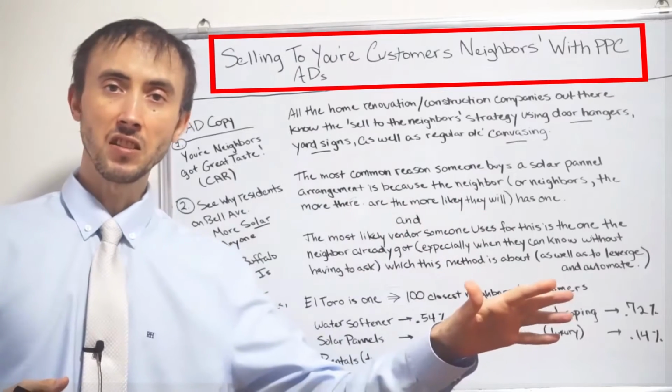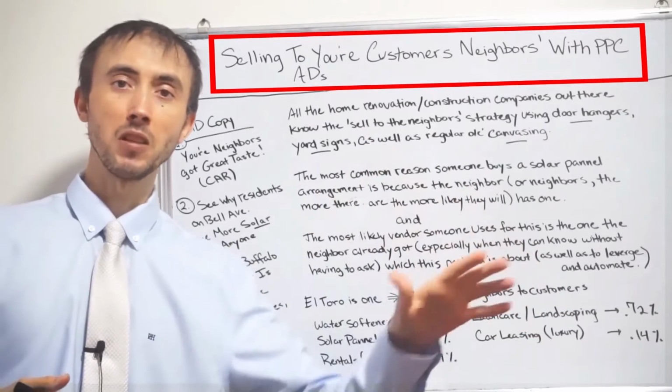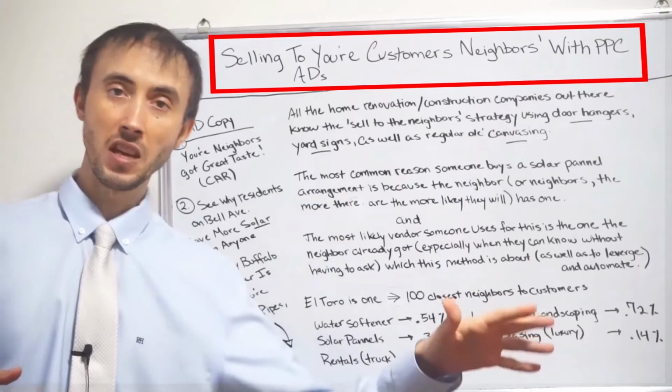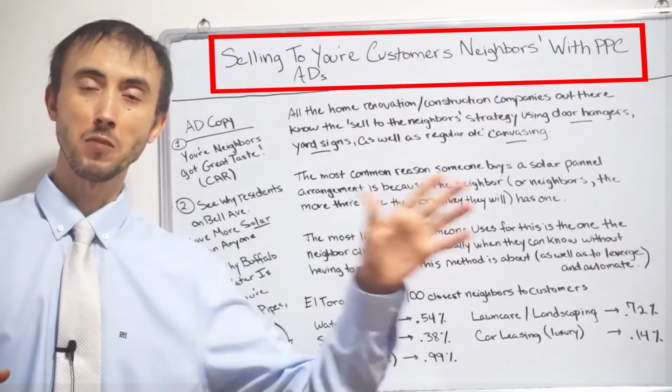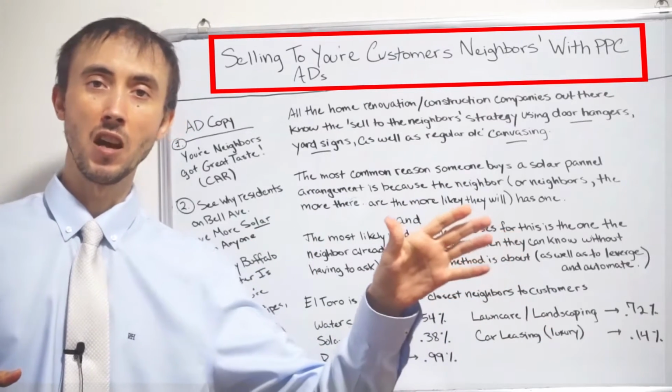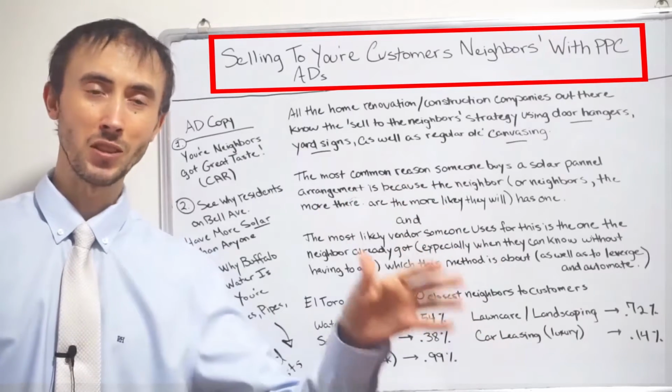Somebody sees that their neighbor has something going on, and so they're intrigued. Some areas more than others, people are trying to be nosy Nancys and see what's going on.